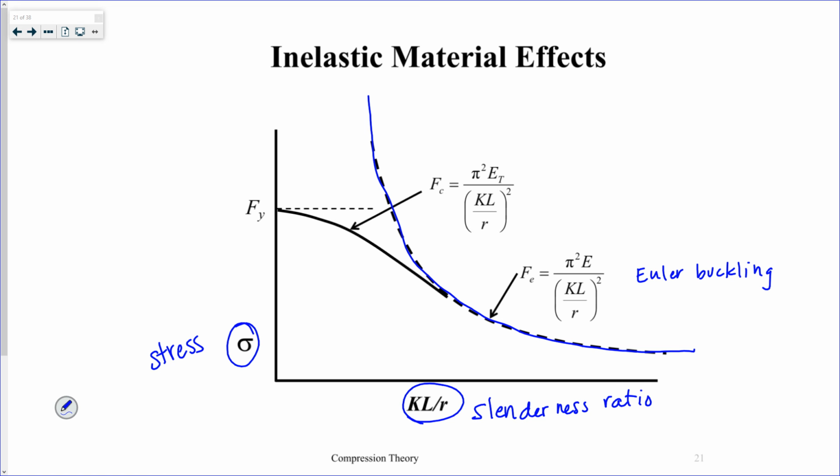If we have Euler buckling where we never reach yielding in any part of the cross section, we follow that blue curve and we can calculate our stress according to that equation. Now notice we put the K in there, we're making our slenderness ratio include our effective length factor.